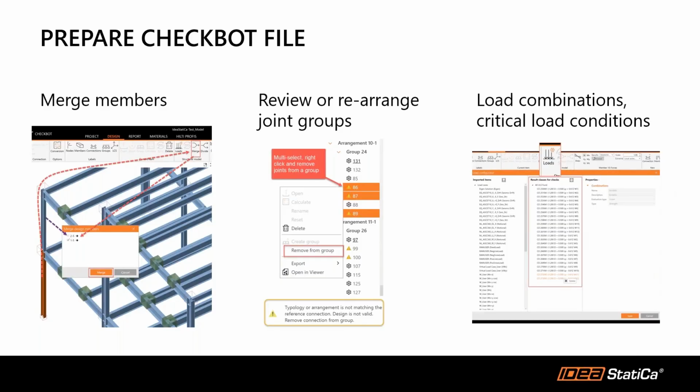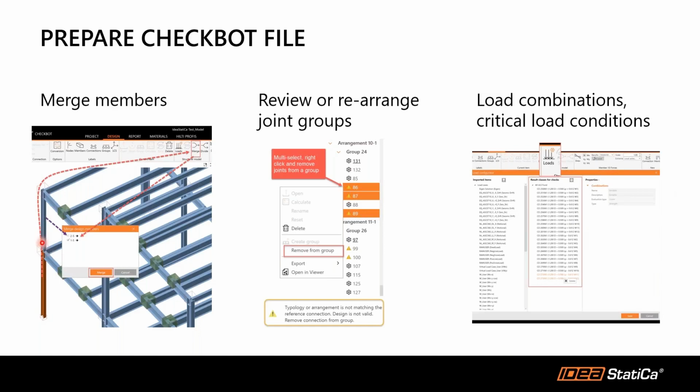Sometimes when you bring a model from an analysis application, that application breaks up, for instance, columns when it finds a node, right? For those cases, sometimes you probably want them separated by that node and then design the column splice, right? But there are some other times where you need that column to be continuous.